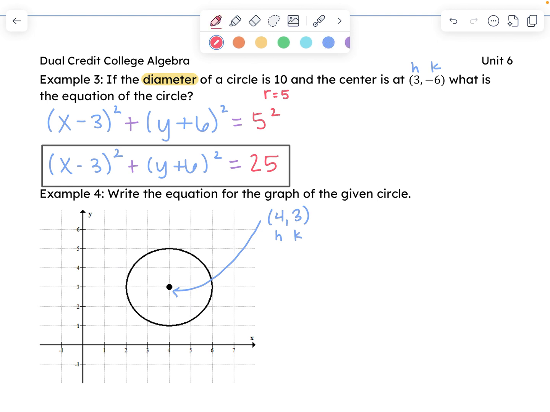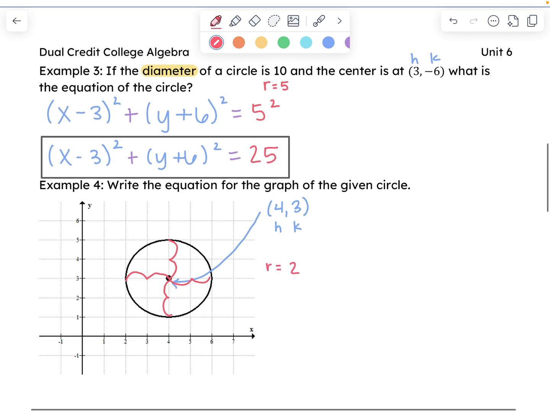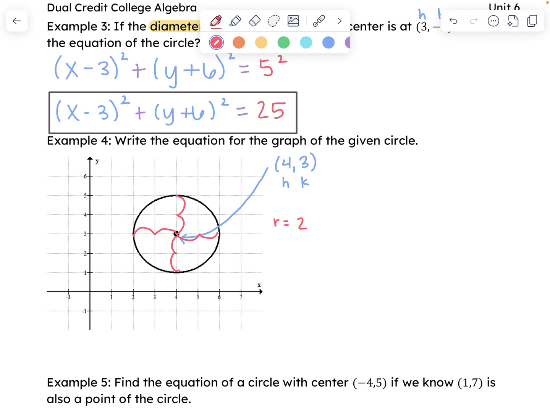And then to find my radius, I just need to count. I can count up, I can count to the left, I could count to the right, or I could count down. Any way you go, you should get that the radius is 2. And then I just plug it into my equation.